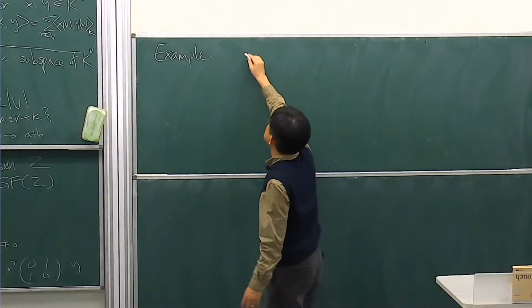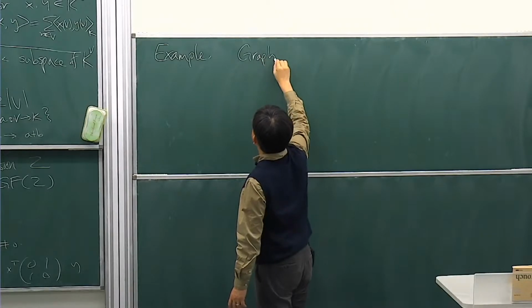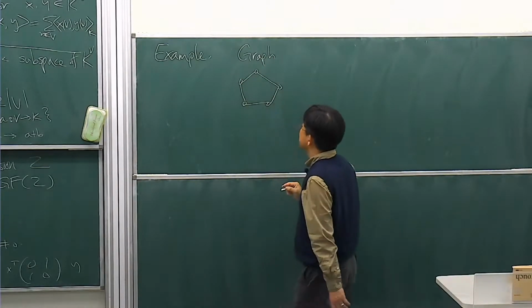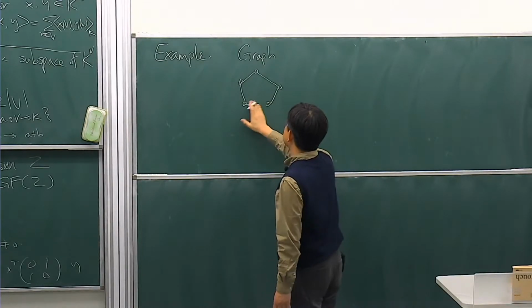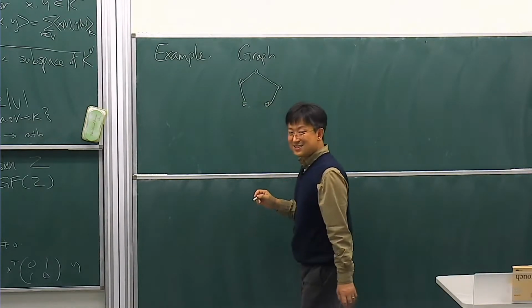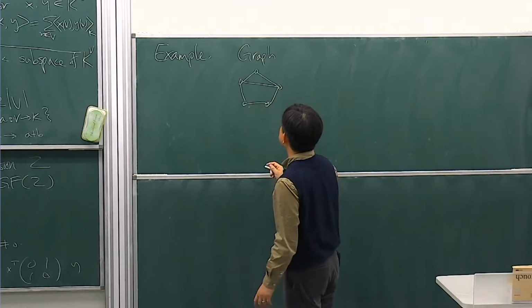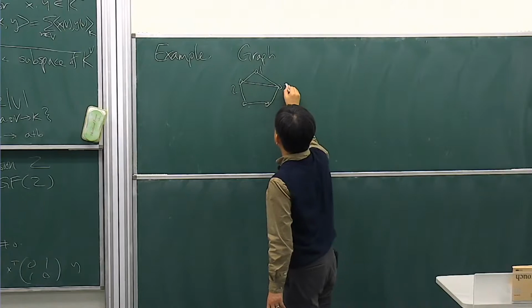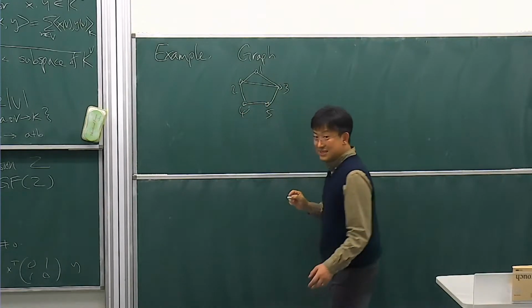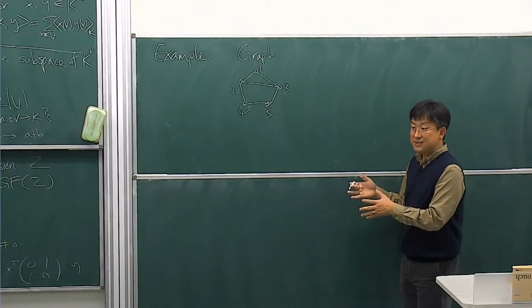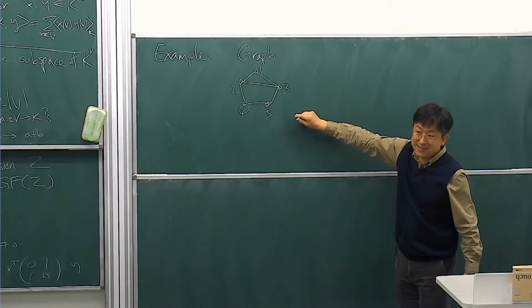So if I have a graph, let me do a simple example, okay? So this is a path of length 4. Maybe this is better. House, right? So this is my graph. I want to construct an isotropic system associated with this graph.